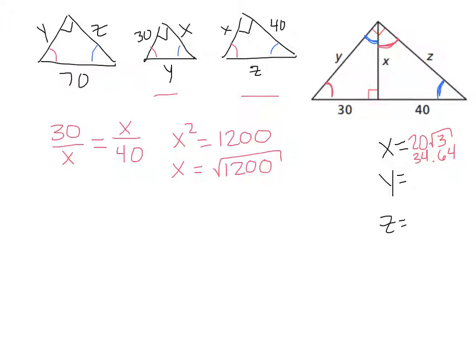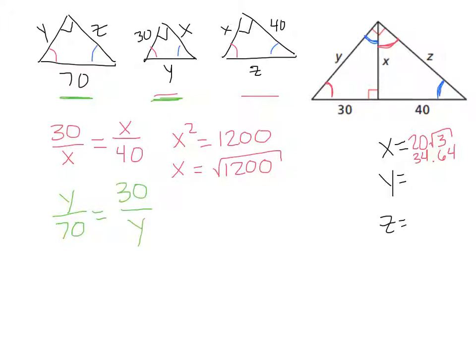Let's go ahead and look at y. See, the y shows up in the first triangle and the middle triangle. Again, I'm not going to use y over z. Why would I do that? I don't know z yet. I'm going to use y over 70. Which means I have to use the same two sides in the middle triangle, which is going to be 30 over y.